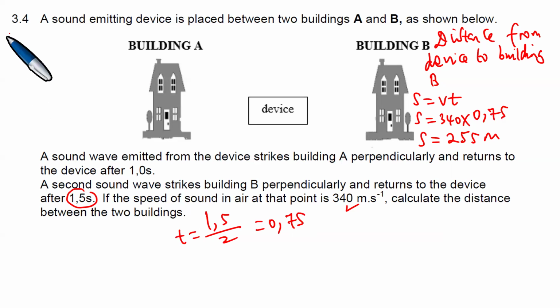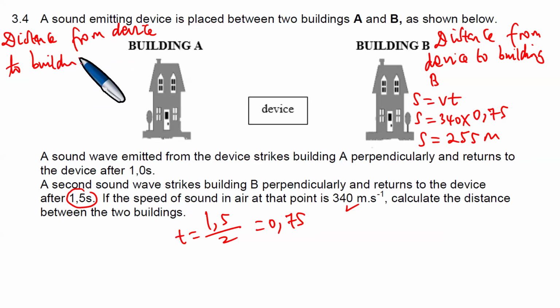Now there's also what we call the distance from device to building A. So that S equals VT.